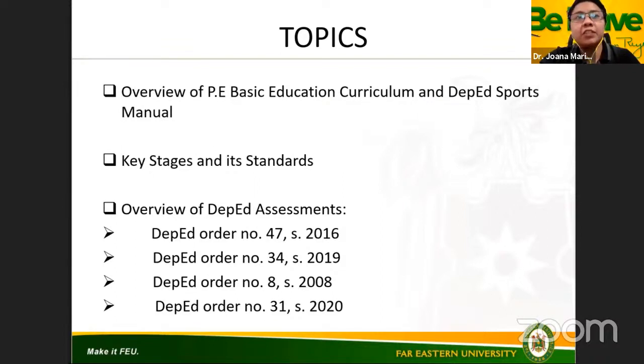Second, the key stages and its standards. The third one is the overview of DepEd assessments: DepEd Order number 47, series of 2016, DepEd Order number 34, series of 2019, DepEd Order number 8, series of 2008, and DepEd Order number 31, series of 2020.